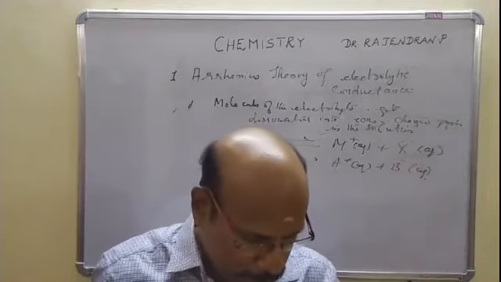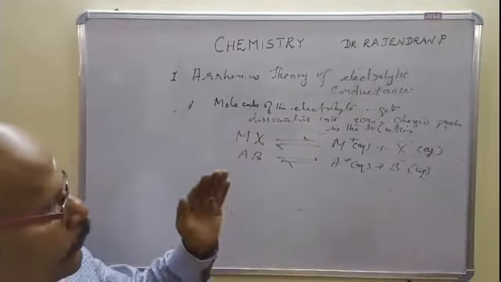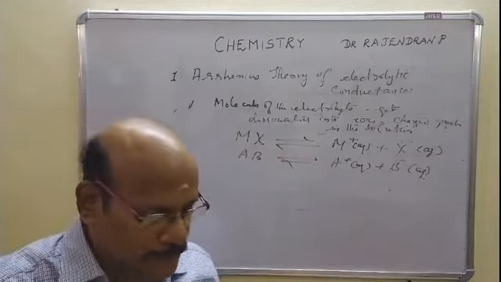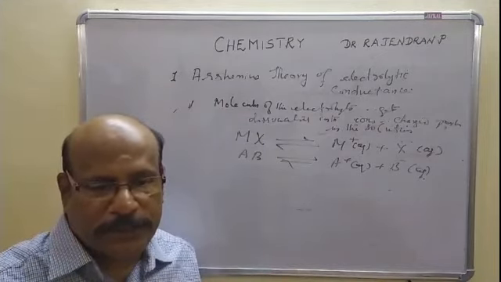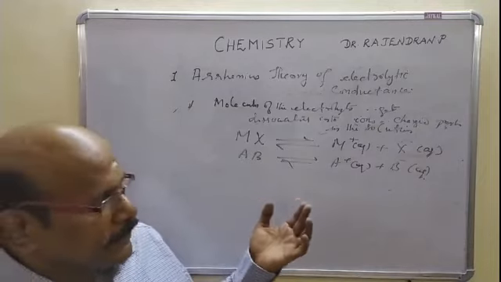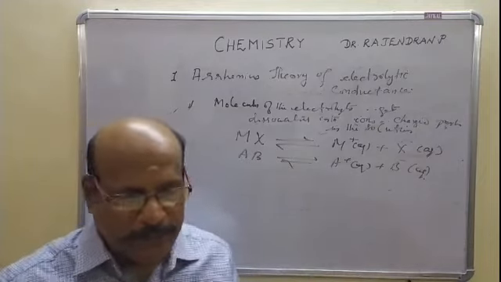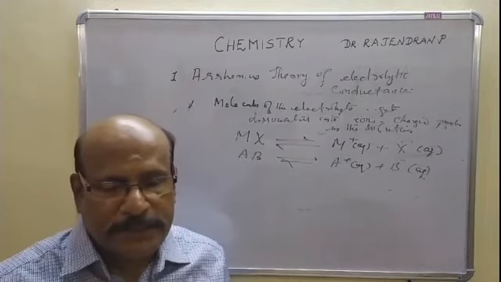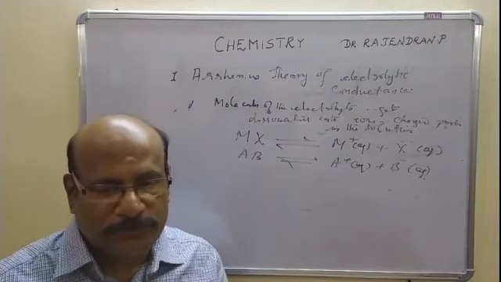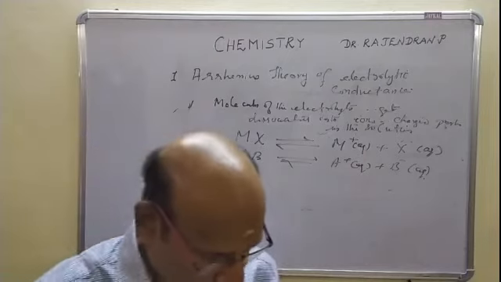So you can take this as one of the postulates, that is, the molecules of the electrolyte dissociate into their charged particles or ions in the solution, partially or fully, and there exists an equilibrium between the undissociated molecule and its ions in the solution.